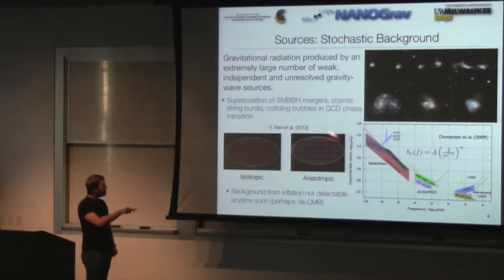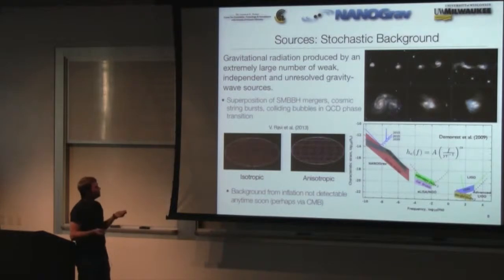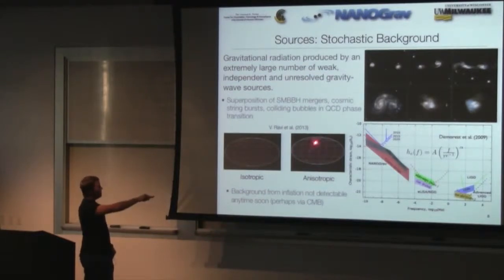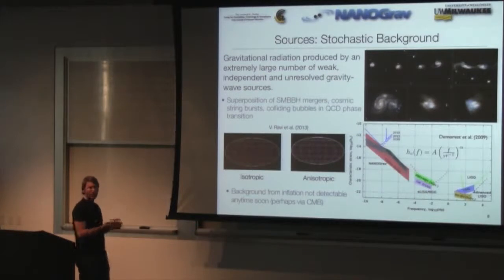However, recently, some work has shown that in fact it's probably not quite isotropic. You probably have more of an anisotropic background, where you have a few of these single sources sticking out, or maybe just a group of sources that form a hotspot in the sky, getting rid of the isotropic nature.